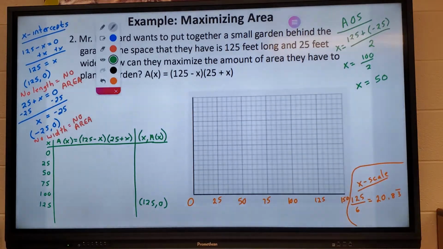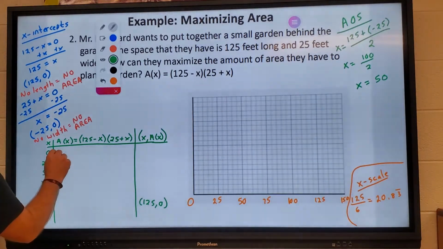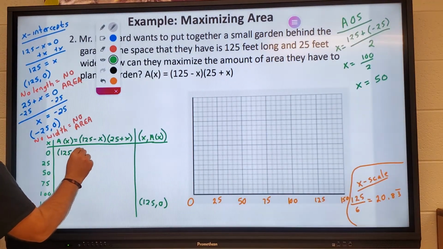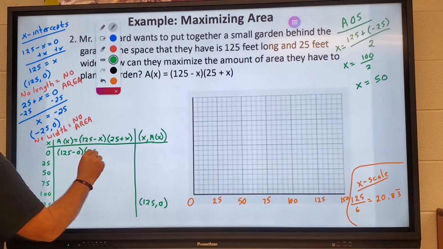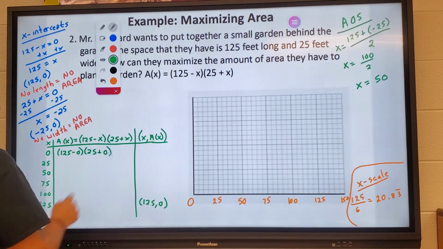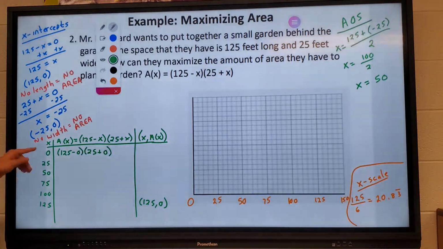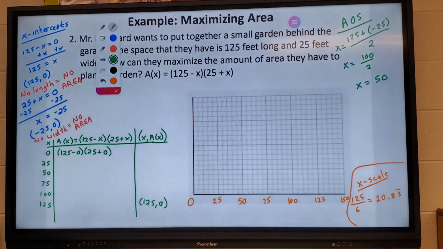Okay, so we go back to the beginning, plug in 0, we have 125 minus 0 times the quantity 25 plus 0. Make sure that your x values here and here are the same value every time as you work across. Okay, that's a very common mistake that I see a lot of times.